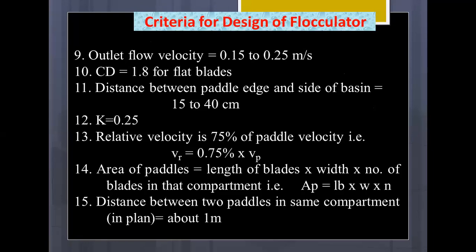Area of paddles is equal to length of blades into width into number of blades in that compartment. That is, area of paddles Ap is equal to L, length of blades, then W, width, N, number of blades.